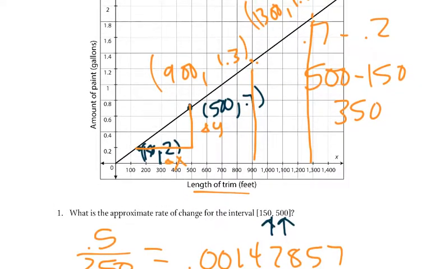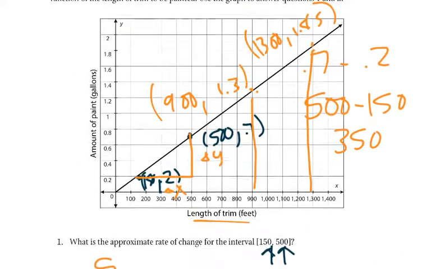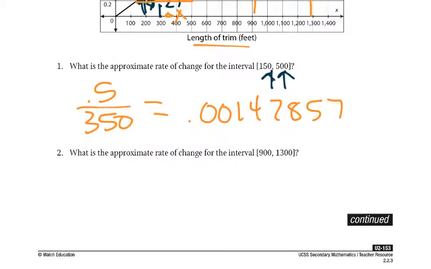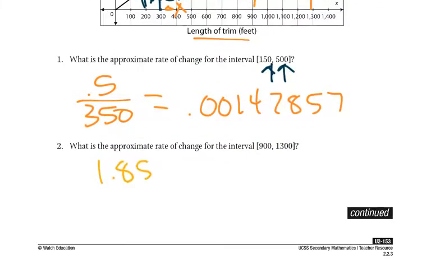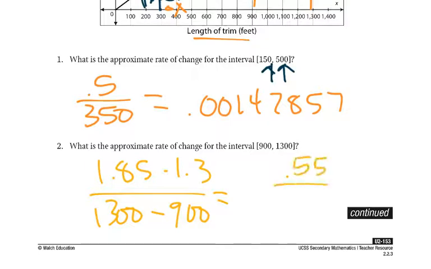So again, we find those differences. The top would be 1.85 minus 1.3 over 1300 minus 900. So 1.85 minus 1.3 would be about 0.55, over the 1300 minus 900, which would be 400.